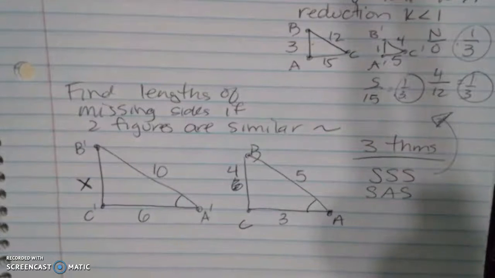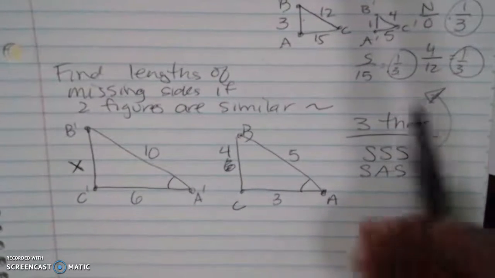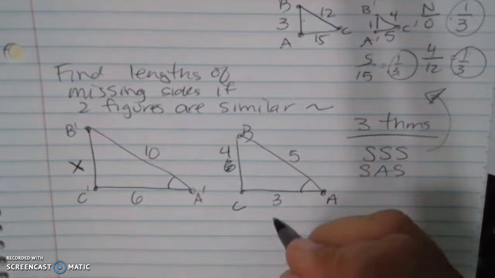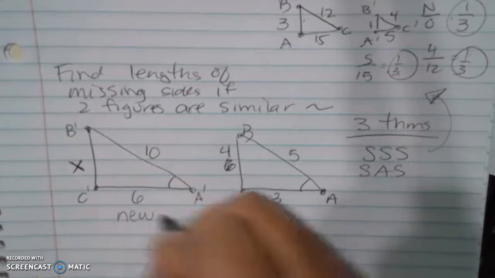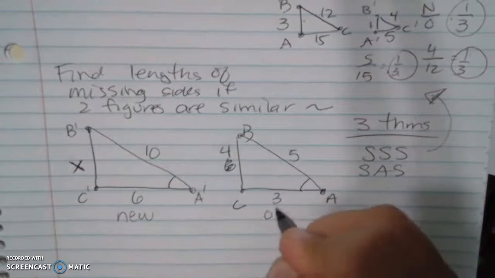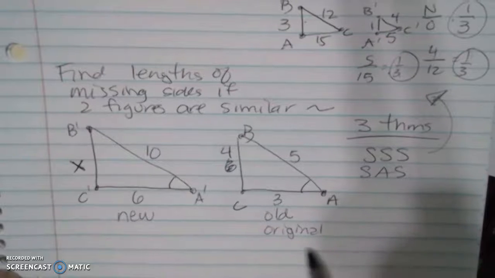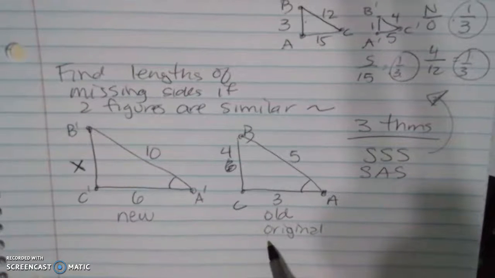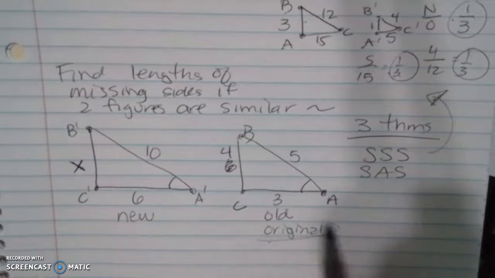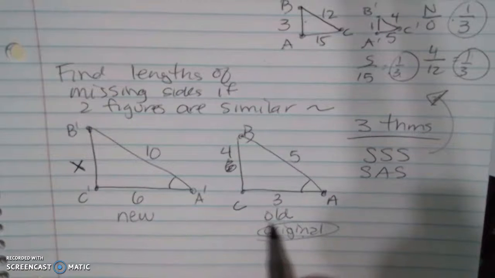Well, this is the new figure, this is the old figure, or the original figure. And one thing that's kind of nice is old and original both begin with an O, so it's a good way to remember the original figure or the old figure.